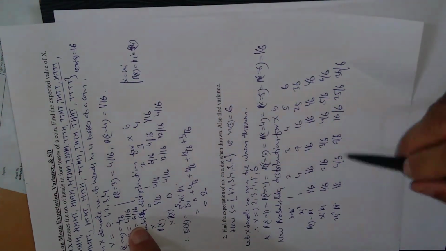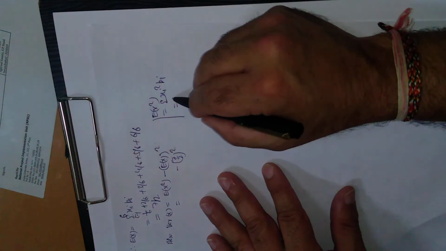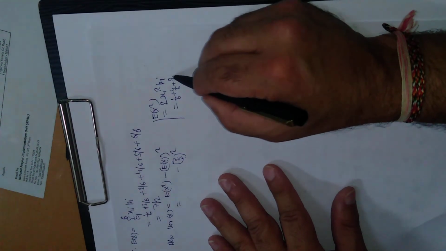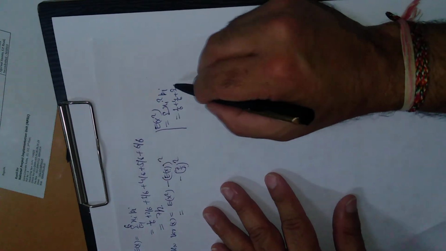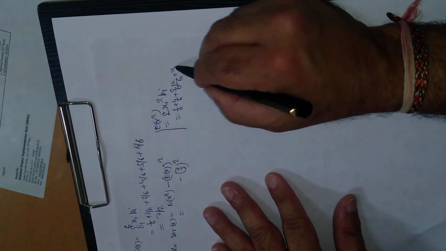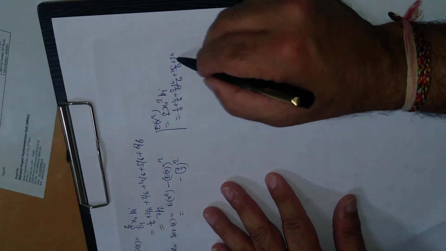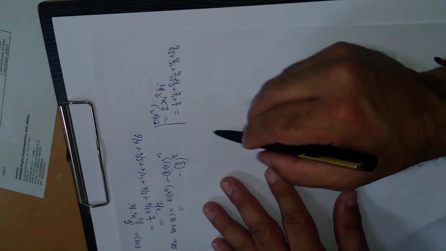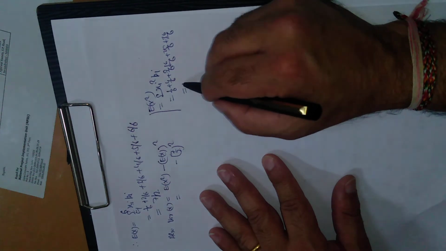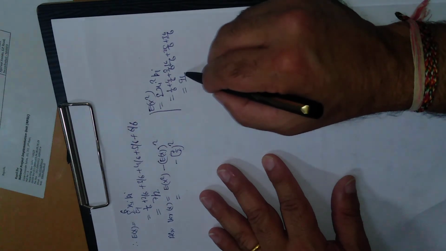Just add all of these: 1 by 6, 4 by 6, 9 by 6, 16 by 6, 25 by 6, and 36 by 6. This sum is equal to 91 upon 6.